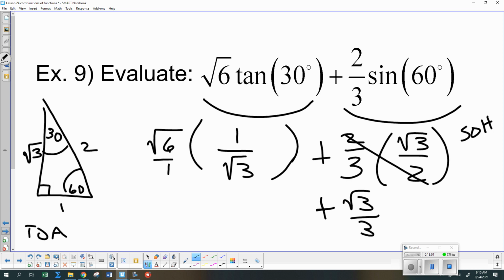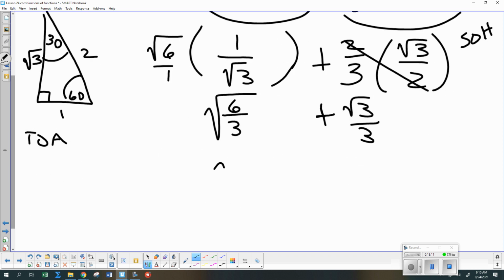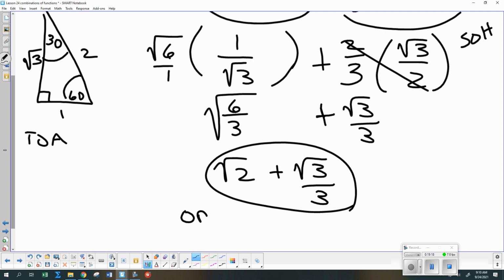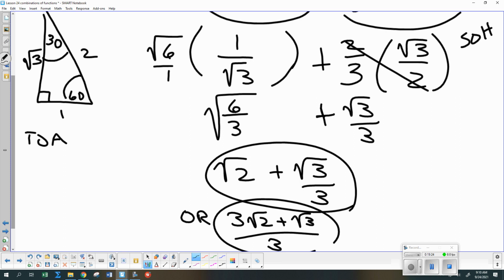And somehow I got to clean this up, but that's root 6 over root 3. So that's going to be the same as root of 6 over 3, or root 2. So I could leave my answer like that. Or if I especially wanted a common denominator, that would also be okay.